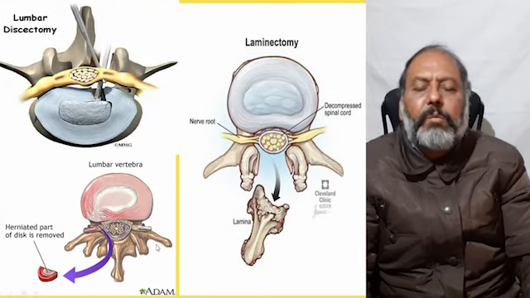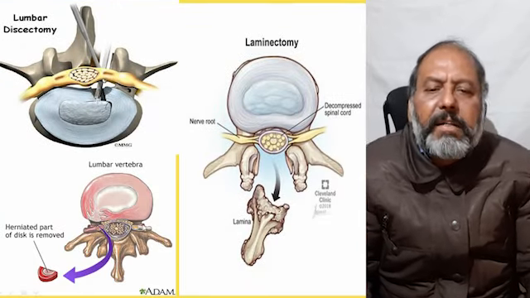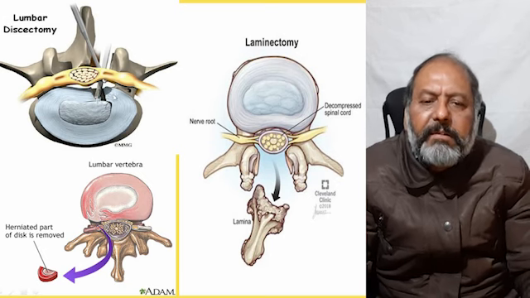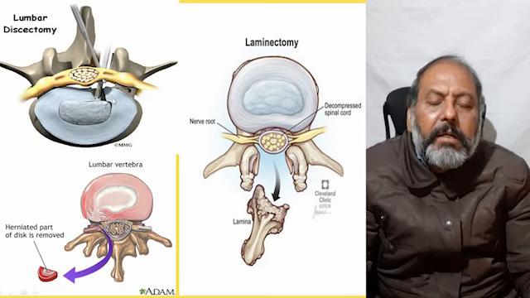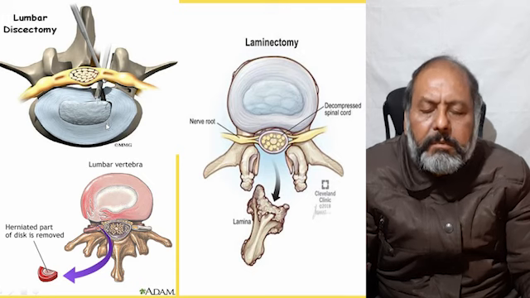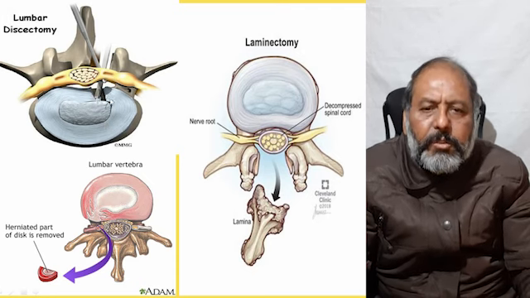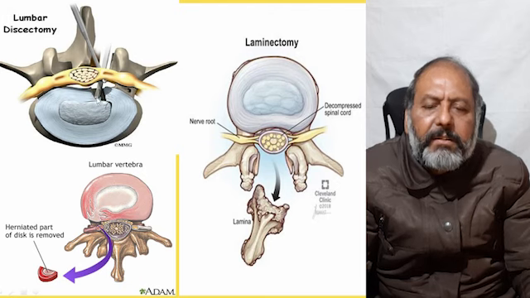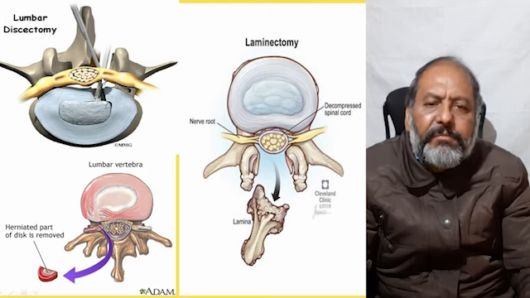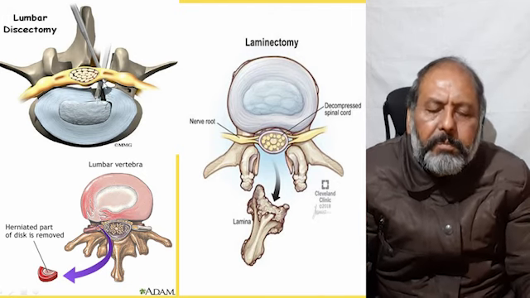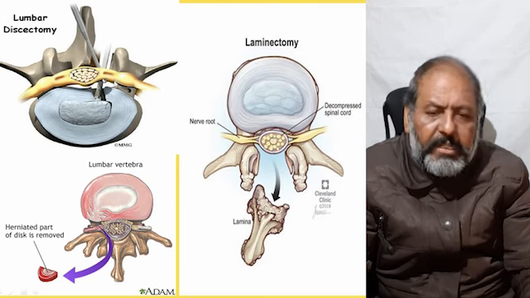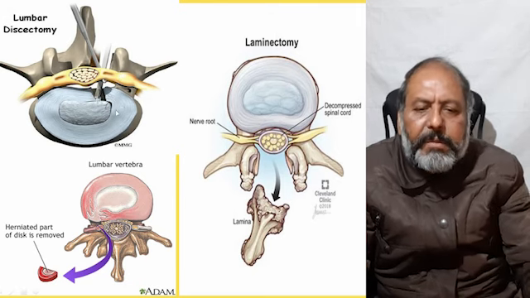So here one can see the lumbar discectomy, where the part of the disc which is compressing the nerve root is being dissected, and it gives relief as the pressure on the nerve is relieved and the pain is relieved.